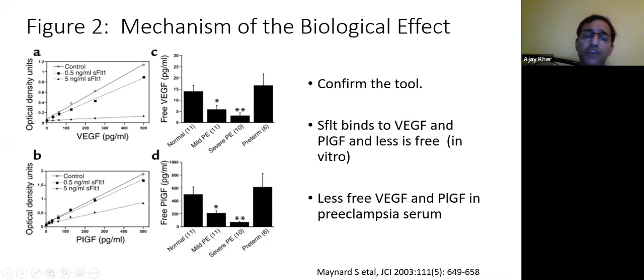Similarly for free placental growth factor, normal is at this level, mild preeclampsia lower, severe preeclampsia lower, and preterm is around the normal range. So what they're trying to show you again is biological effect, meaning that in the sera, there is sFlt1 and it is decreasing the free VEGF and the free placental growth factor that is there. And that is what the binding is about.